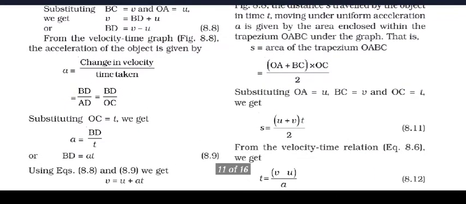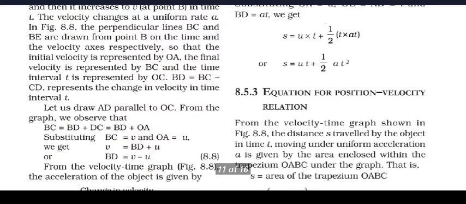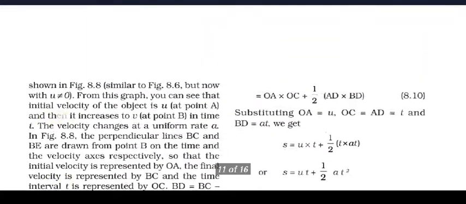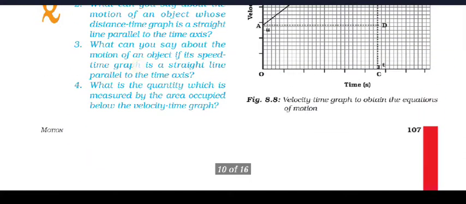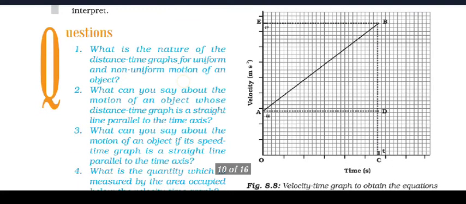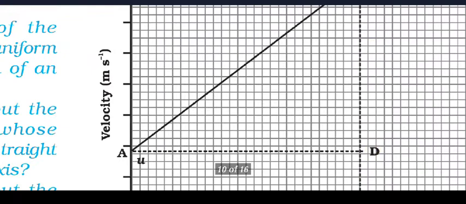So A is equal to BD upon T. We will get our first equation: BD is equal to AT, because when this term goes to the other side it is multiplied with A. Now BD is the subtraction V minus U, and when we substitute this value again, we get V minus U equals AT, so our first equation of motion is V is equal to U plus AT.